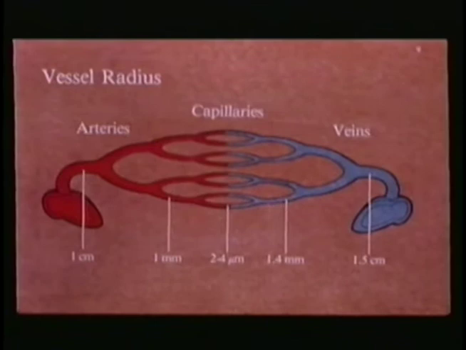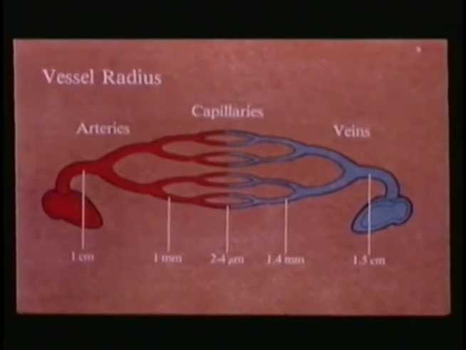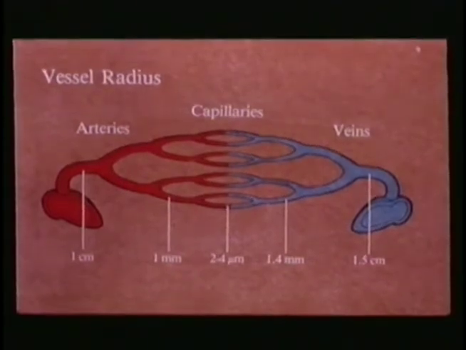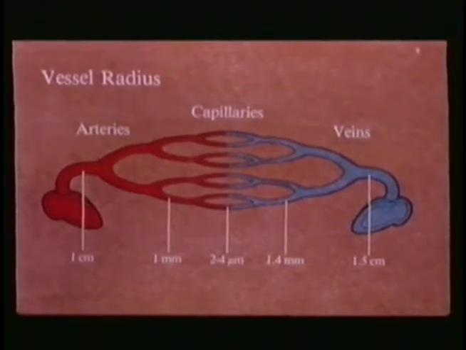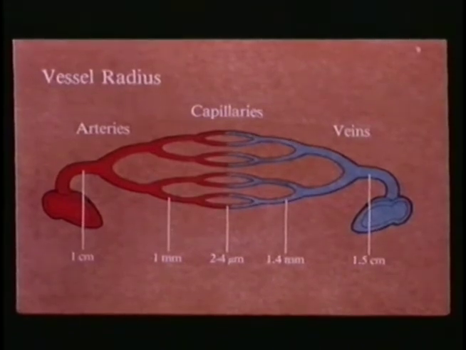The size of blood vessels varies greatly in the circulatory system. With branching in the arterial system, the radii of individual vessels in successive generations become progressively smaller. For example, the descending aorta has an average radius of approximately 1 centimeter. A small artery may have a radius of 1 millimeter.